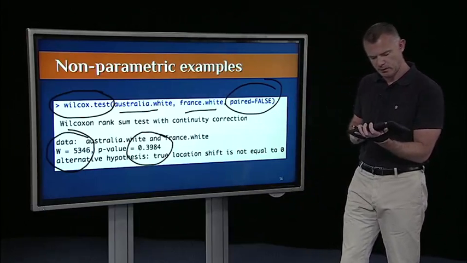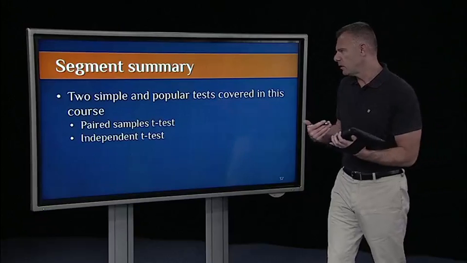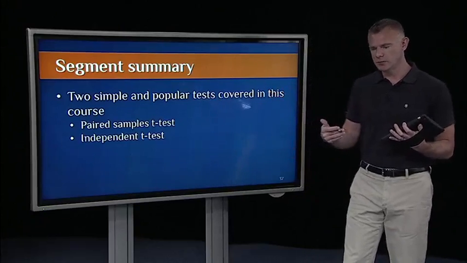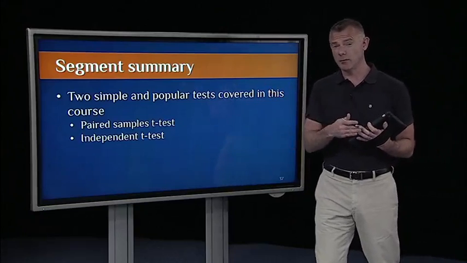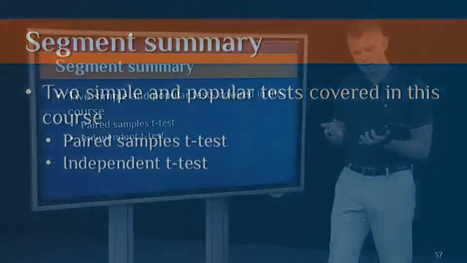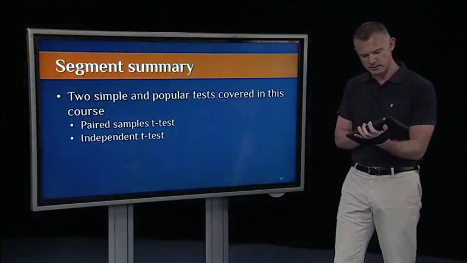Okay? So to wrap up this segment, there are lots of non-parametric procedures available to you. There are non-parametric procedures available for all the procedures that we covered in this course. Here in this lecture, I just illustrated 2 of them. So 2 of the simple and popular tests that we covered are paired samples T and independent T. Those are parametric tests.